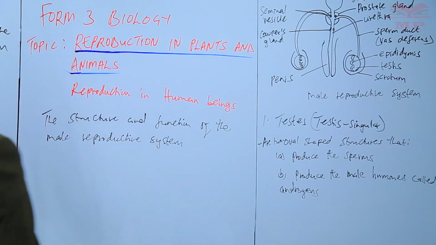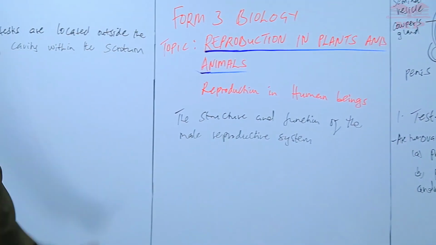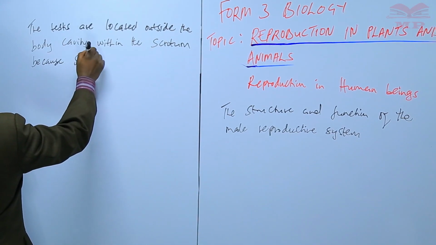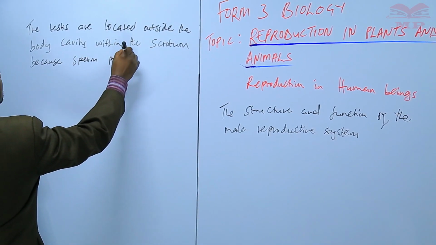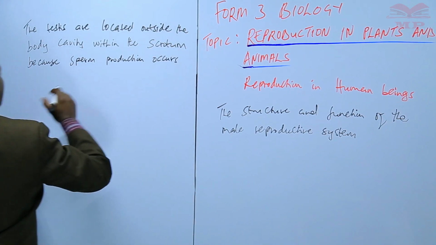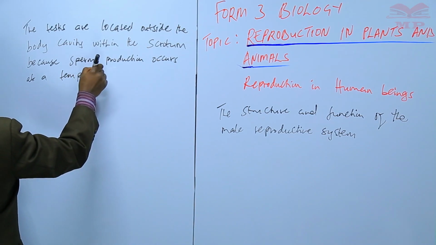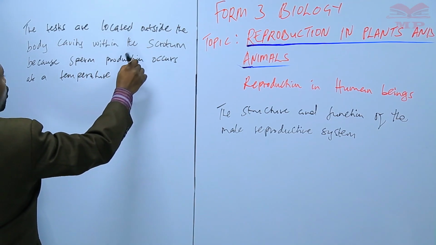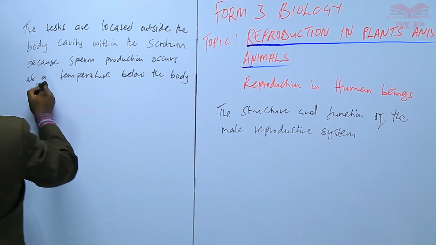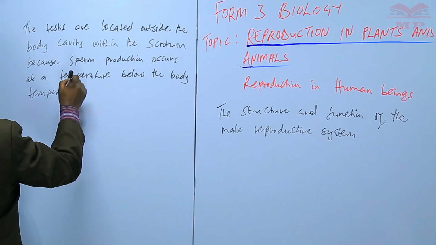So the testes are located outside the body cavity within the scrotum because sperm production occurs at a temperature below the body temperature.